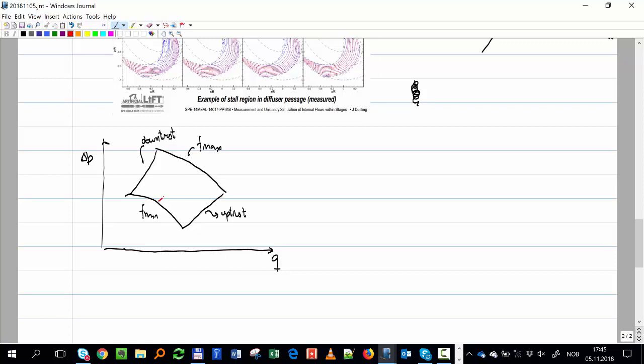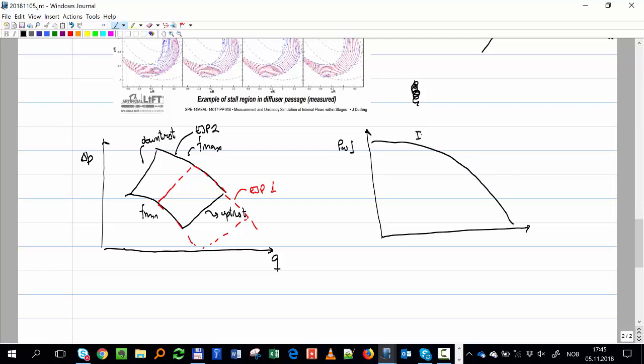So I have two models, two pumps that my manufacturer is telling me that I could use. The red one is pump ESP1, and this is ESP2. Let's say I go to my equilibrium analysis, PWF, and I find the IPR.